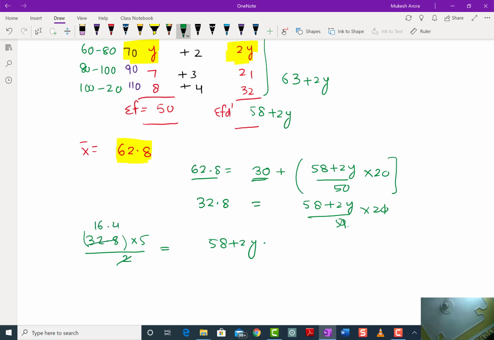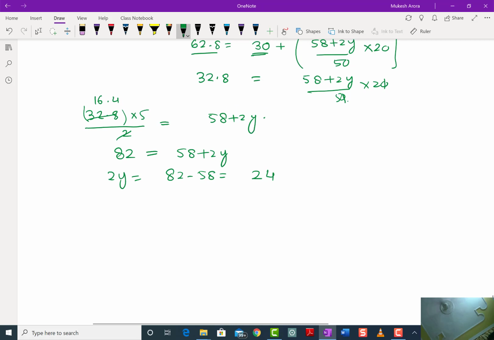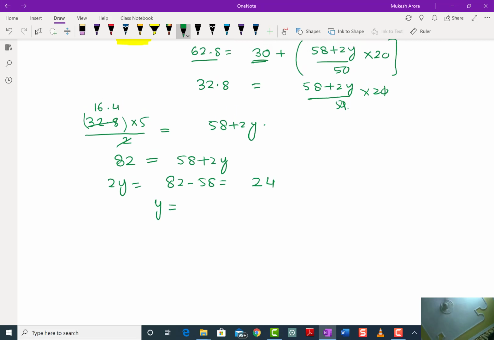Multiply this, it will be 82 is equal to 58 plus 2y. So 2y is equal to 82 minus 58. This will be 24. Y will be equal to 12. So the value of y will be 12.